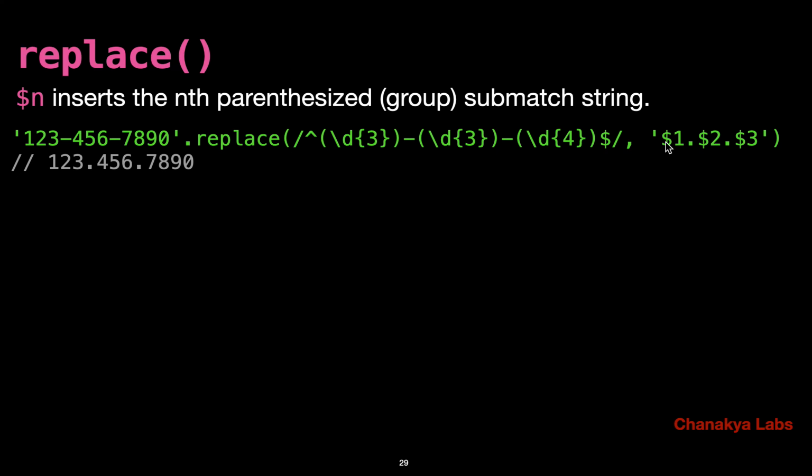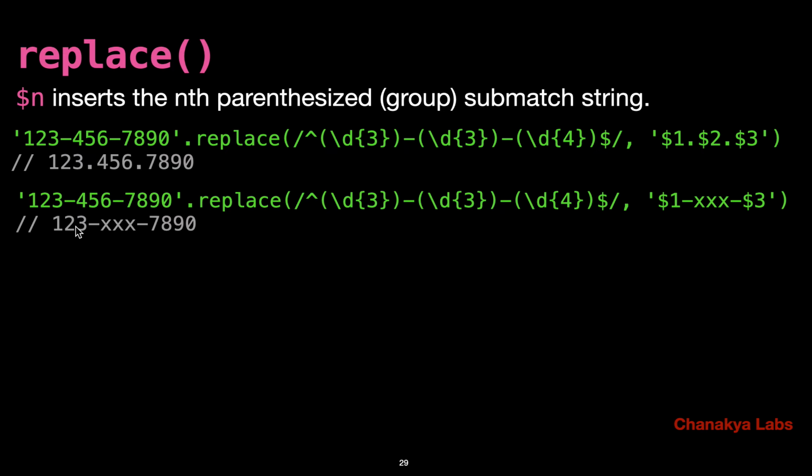So if this is the thing which we are going to replace, then $1 will be treated as 1 2 3. So you can see that I am writing that replace this with $1 dot $2 dot $3. But this $1 is now replaced with the first captured substring, that is 1 2 3, right? And that's why the answer is 123.456.7890.